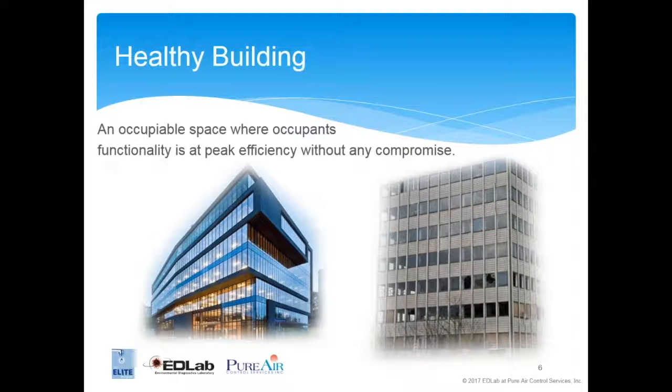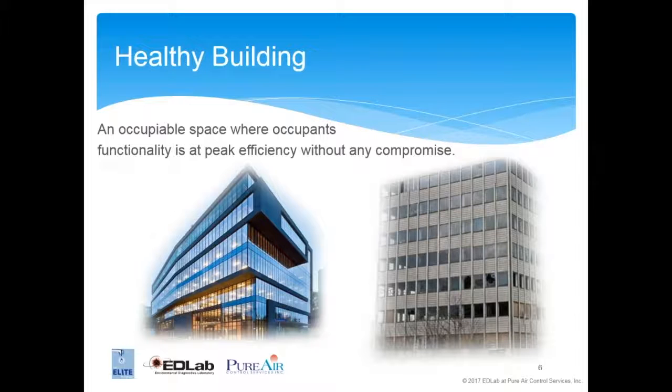Alrighty, so Dr. Sahai, can you give us a quick overview of what a healthy building is, so we can understand? Yes, as you can see on this particular slide, which is going on your monitor at this point, there are 2 buildings, and I need not say which building is optimized, but let me give you a very precise definition of a healthy building. A healthy building is nothing but an occupiable space where occupants' functionality is at peak efficiency without any compromise.